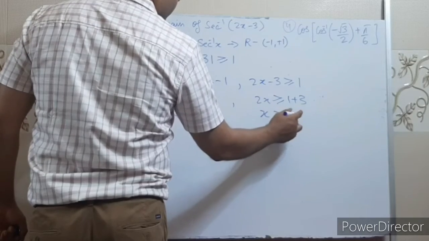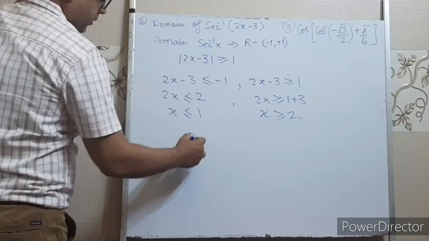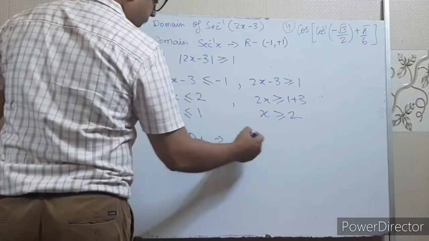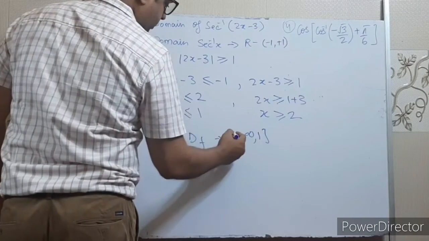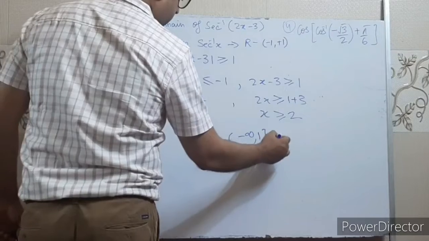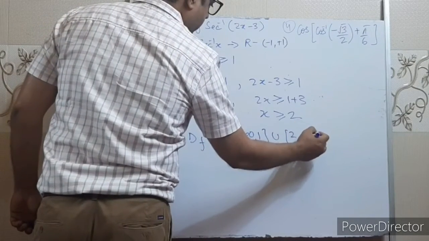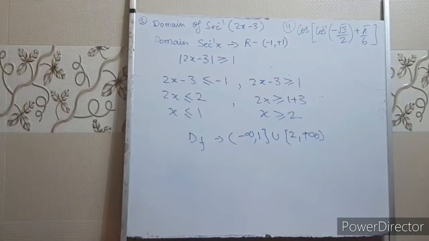So x will be greater than or equal to 2. So from here we get the result that the domain of the function will be less than 1, meaning from minus infinity to 1, where 1 is in closed interval, union greater than or equal to 2, from 2 to plus infinity. Right? Note down.